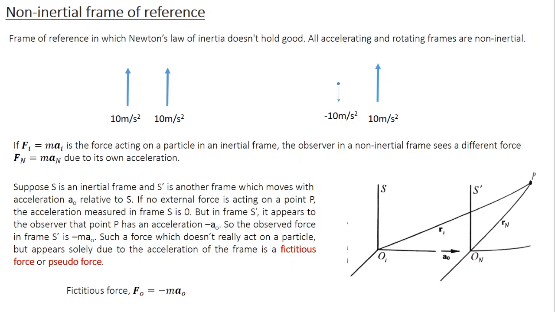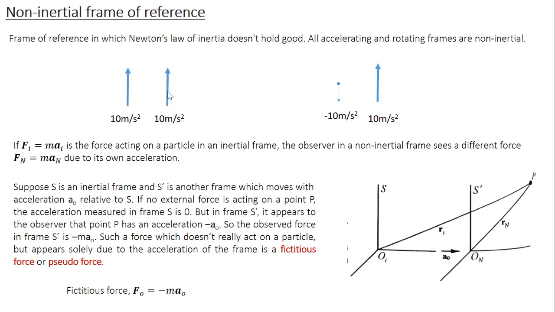Now you want to study this motion using a frame of reference which is also moving in the same upward direction with the same acceleration 10 meters per second squared. So the object is moving with certain acceleration. The observer is also moving in the same direction with the same acceleration.